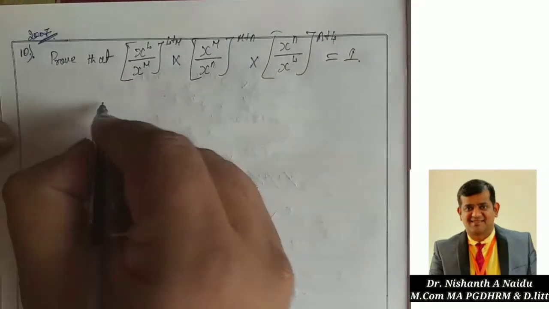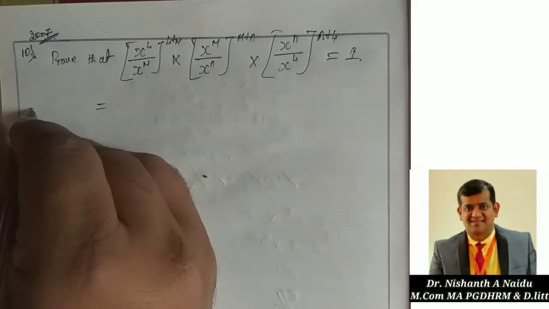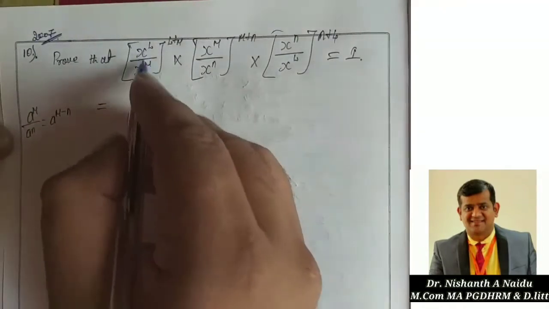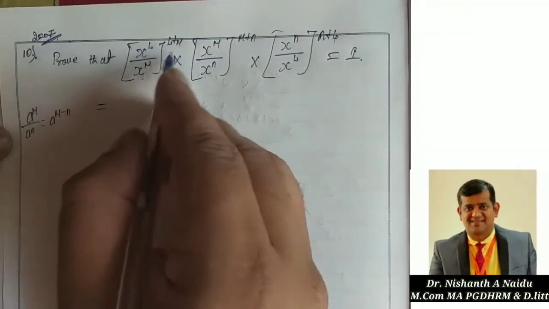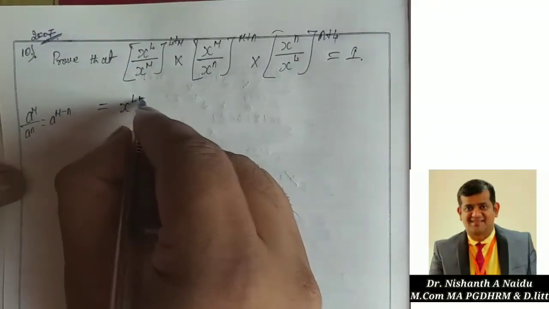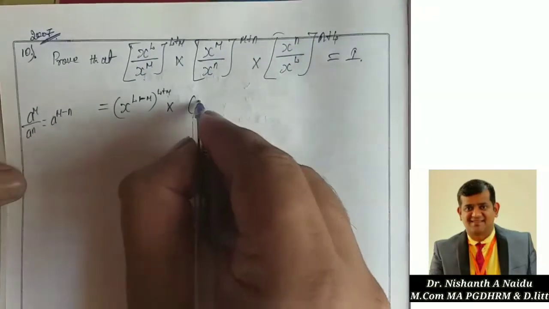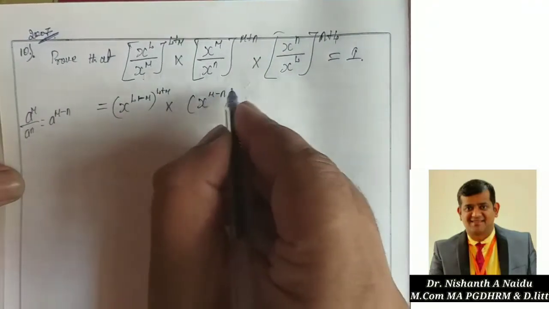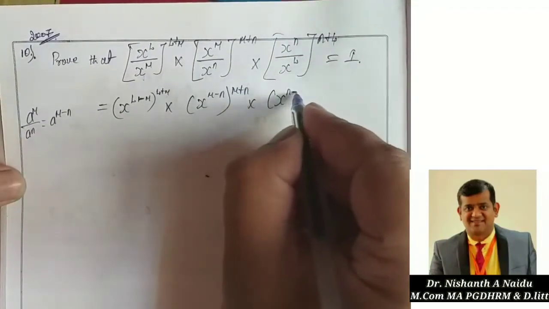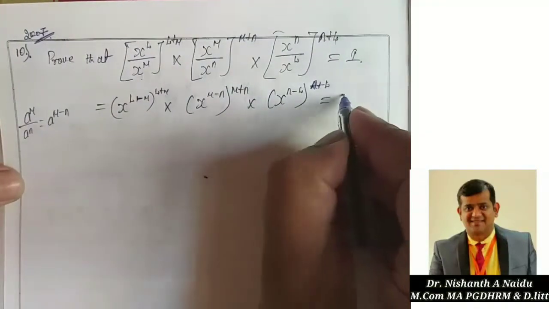Here the law which I am applying is a to the power m divided by a to the power n equals a to the power m minus n. Since bases are same, I will bring that, so that becomes x to the power l minus m, whole power l plus m, into x to the power m minus n, whole power m plus n, into x to the power n minus l, whole power n plus l, equals 1, we have to prove.